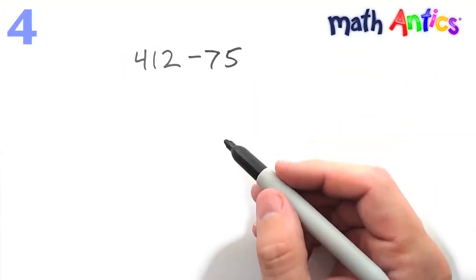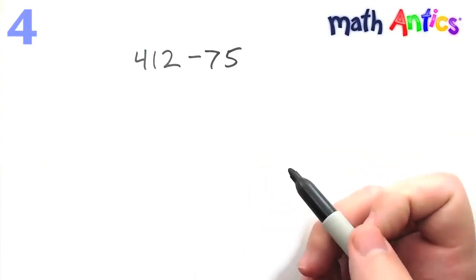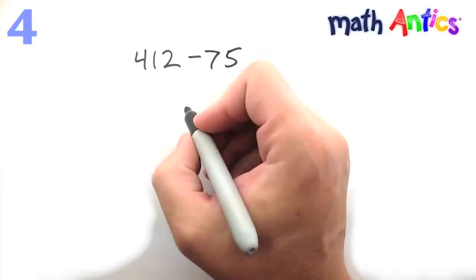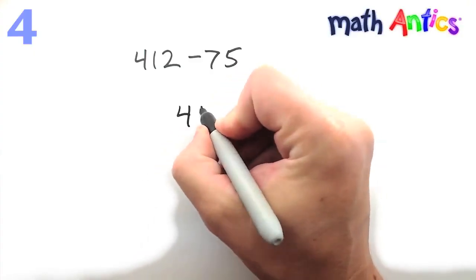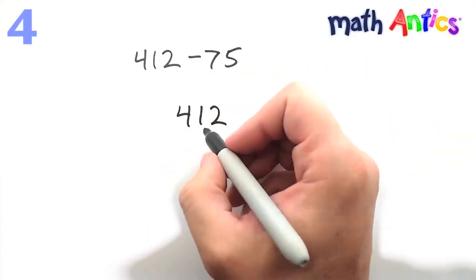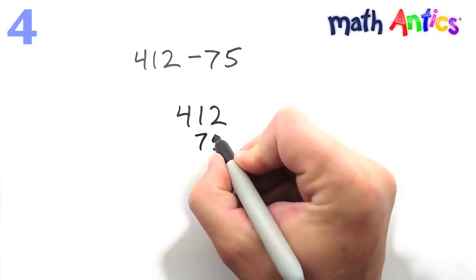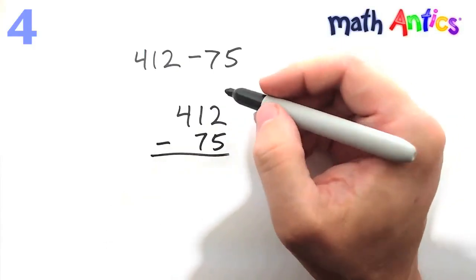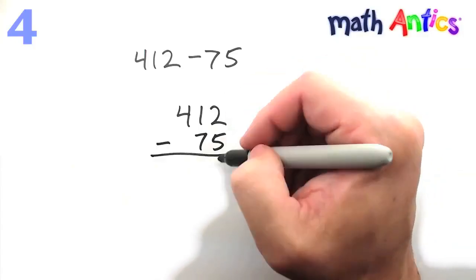For this problem, we have 412 minus 75. And of course, the first thing we need to do is rewrite it in stacked form. So we have 412. And then lined up with those digits, we have 75. And we put a line underneath, subtraction symbol. Now we go column by column.